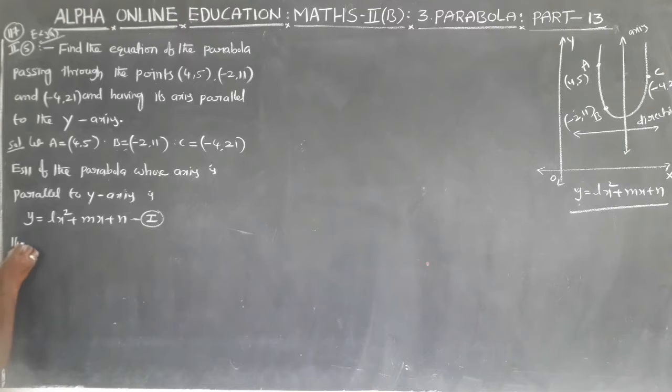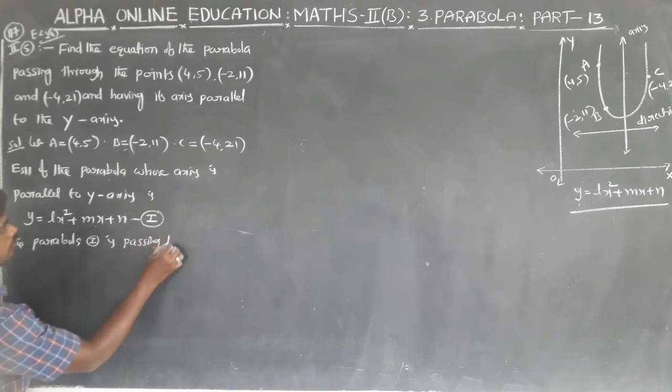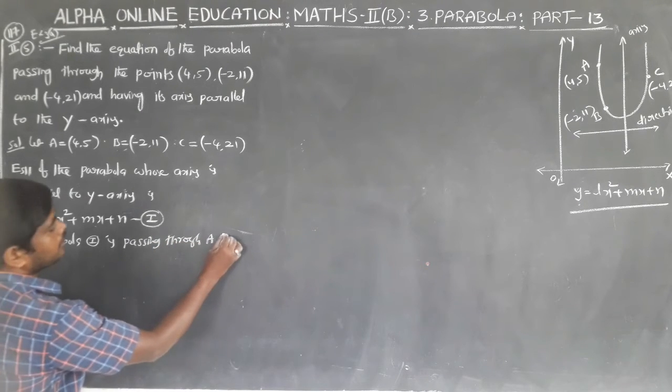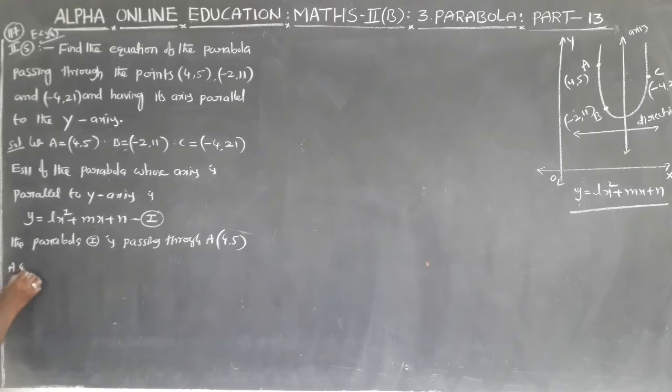The parabola 1 is passing through the point A (4, 5). A point (4, 5) lies on the parabola.